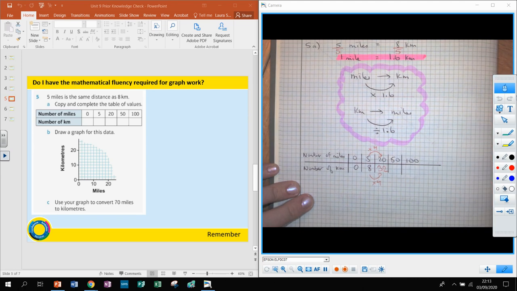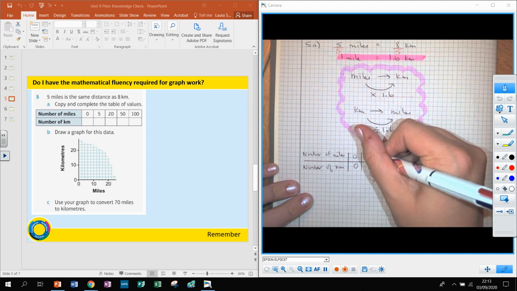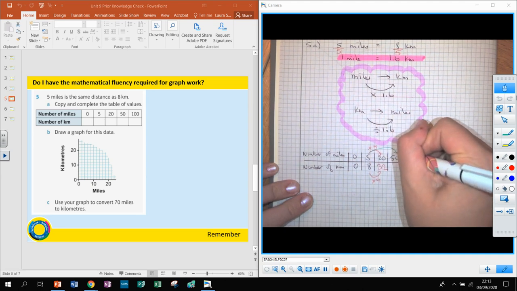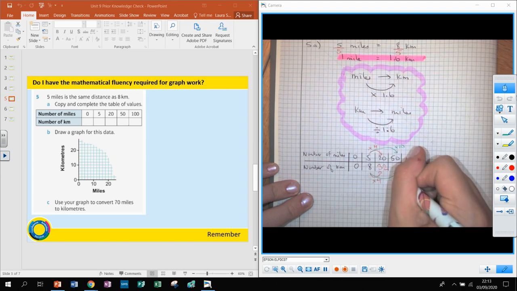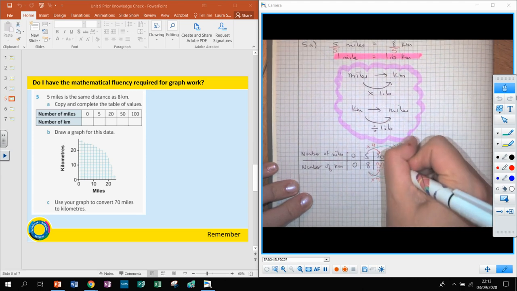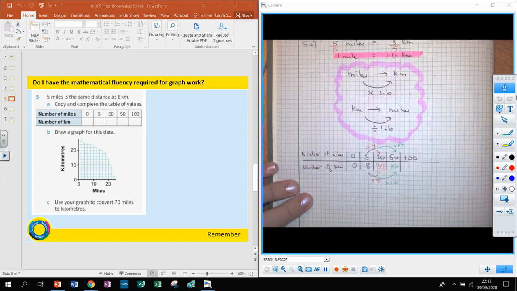Okay? Again, I could now look at, okay, well, how many sets of 5 are in 50? Well, that's times 10. So I can take that 8 and also multiply it by 10, which would give me 80.